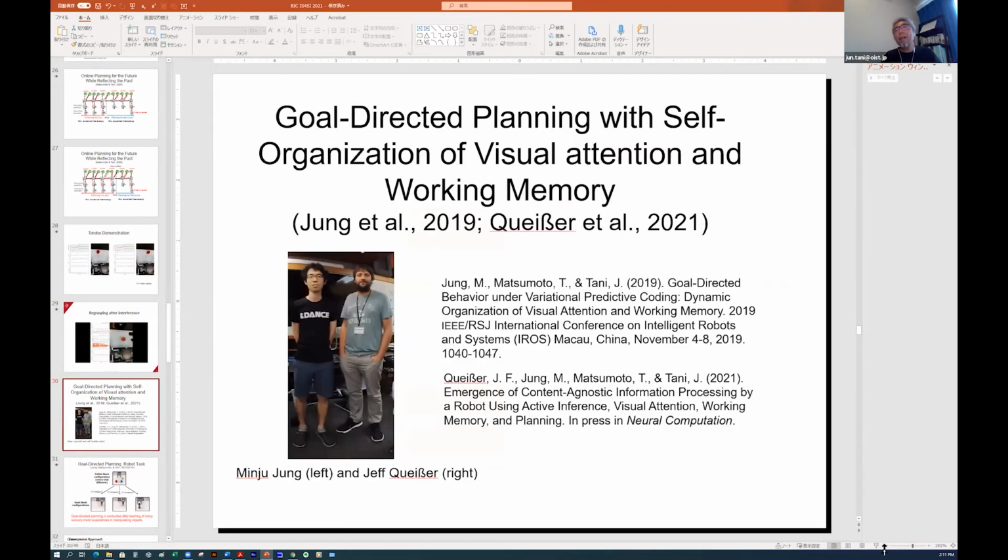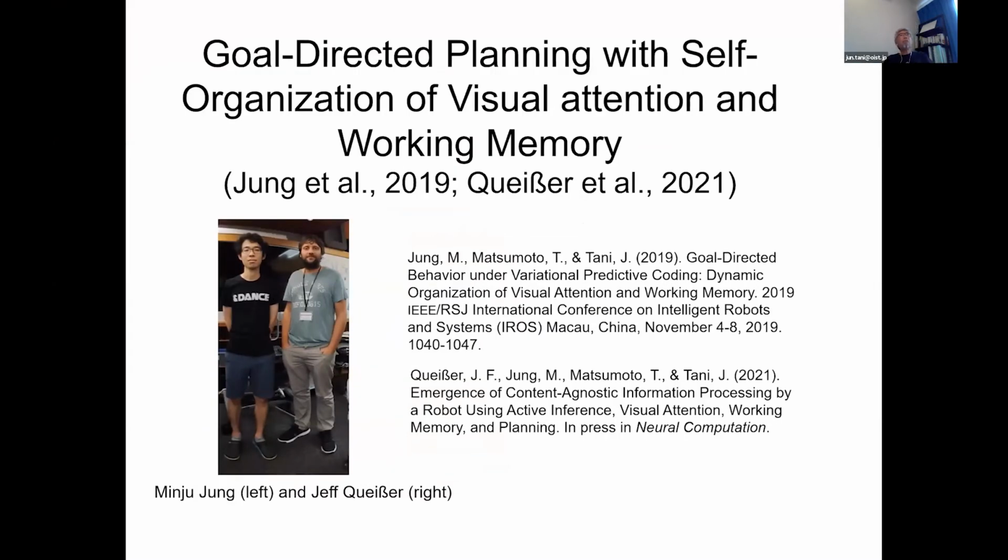Then I come to the final example of the robot experiment. Again, this is goal-directed planning, but now we focus more on vision. Especially, I'm going to ask how visual attention can be autonomously generated through learning, and how an adequate way of using visual working memory can be generated.